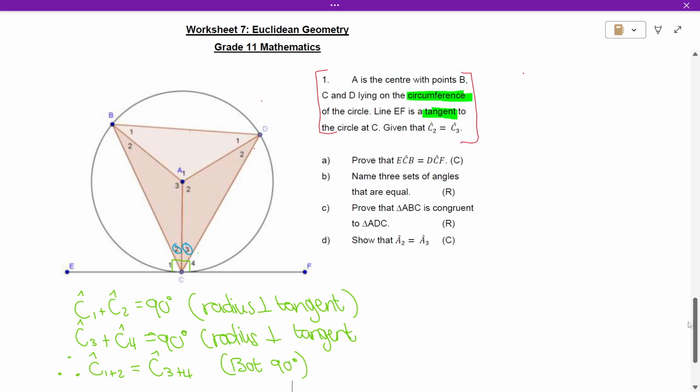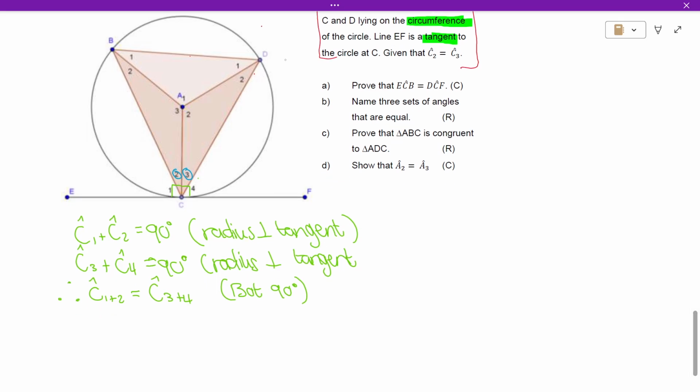Notice the reasons always go in brackets. But, and whenever you say but, this is like saying I also know something else. It's given that C2 is equal to C3. You can see those are your blue angles in the diagram. C2 is equal to C3, and your reason is that's given.